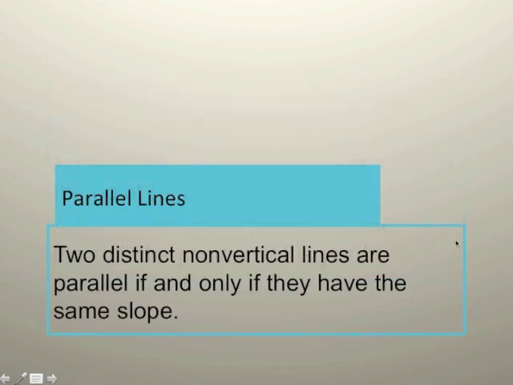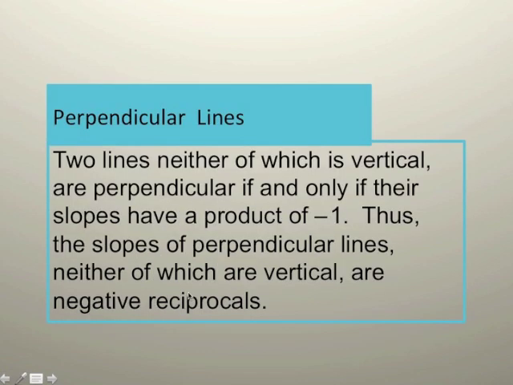Parallel lines. Two non-vertical lines are parallel if and only if they have the same slope. And perpendicular lines: two perpendicular lines, neither of which is vertical, are perpendicular if and only if their slopes' product is -1.